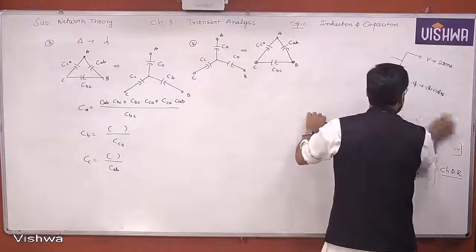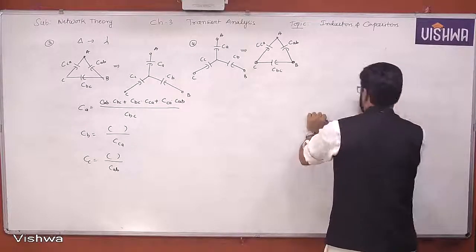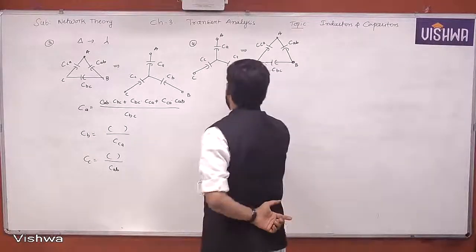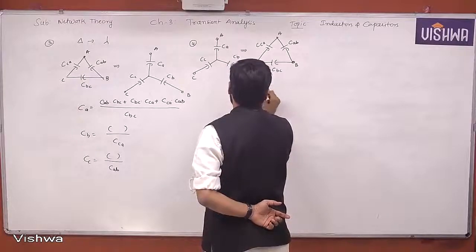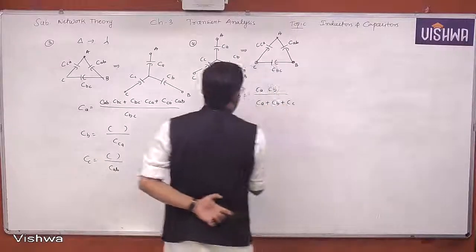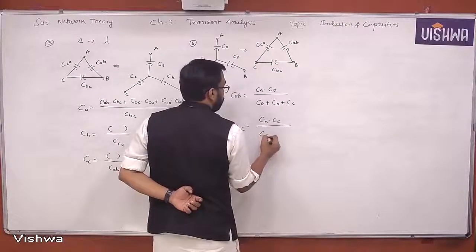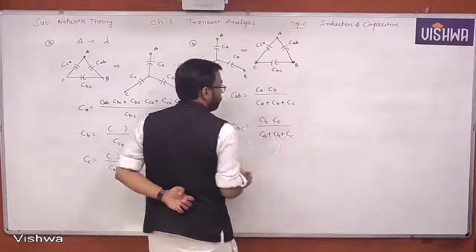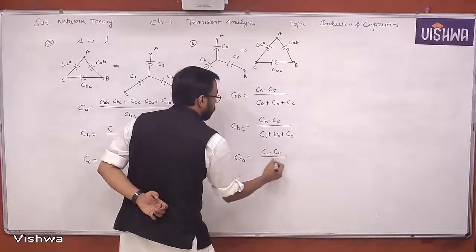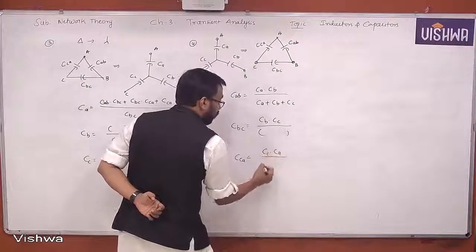So please proceed with that. Meanwhile, I will write the formula for star to delta transformation. CAB can be written here, CA into CB by CA plus CB plus CC. CBC can be written as CB into CC by CA plus CB plus CC. CCA can be written as CC into CA by the same denominator. This denominator is the same, right? So let me just write a bracket so that you remember the denominator is the same here.